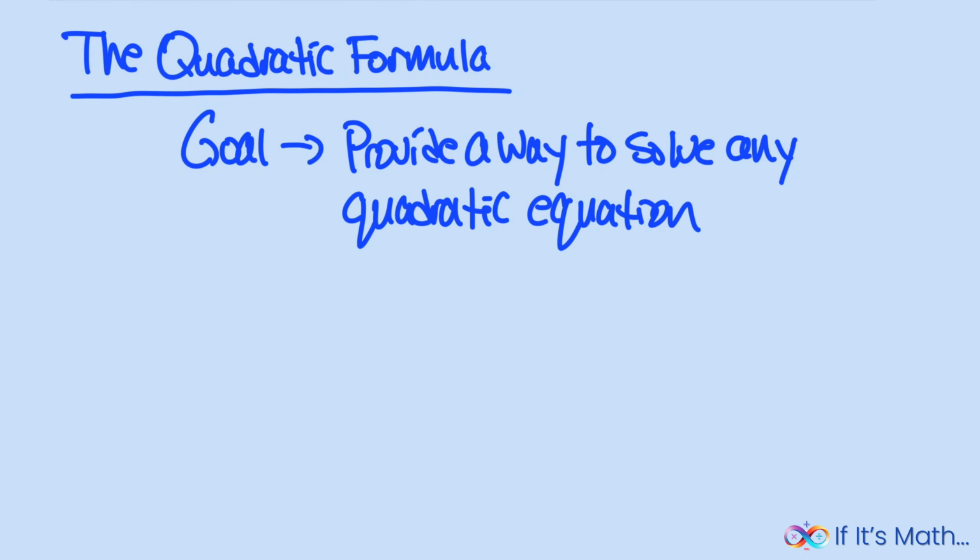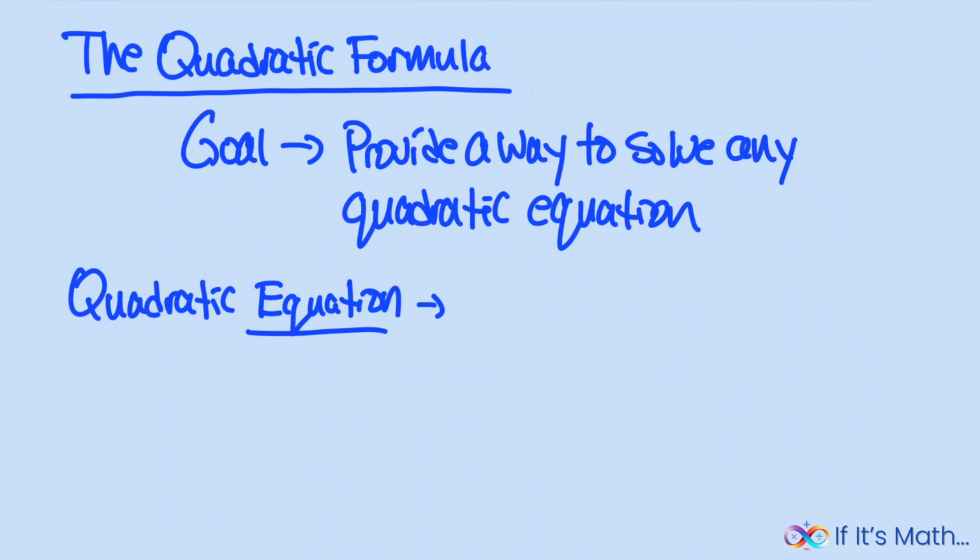There's an important wording issue there that I just wanted to touch base on briefly, and that's quadratic equation versus quadratic formula. We just talked about quadratic equations, which again, remember, is an equation where the highest exponent on a variable is squared. That's what makes it a quadratic equation. But on the other hand, what we're talking about today is the quadratic formula.